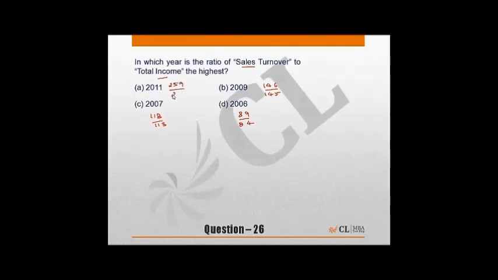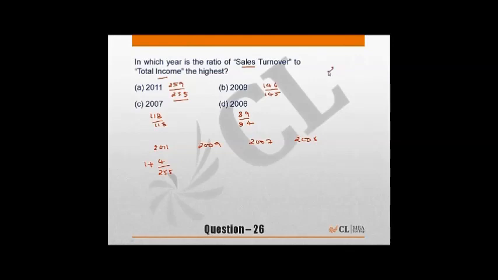Now all of them are greater than 1. I am sure that's not an issue. So effectively we need to find out how much greater than 1 each one of them is. Let me write down 2011, 2009, 2007, 2006. I can write 259 by 255 as 1 plus 4 by 255.